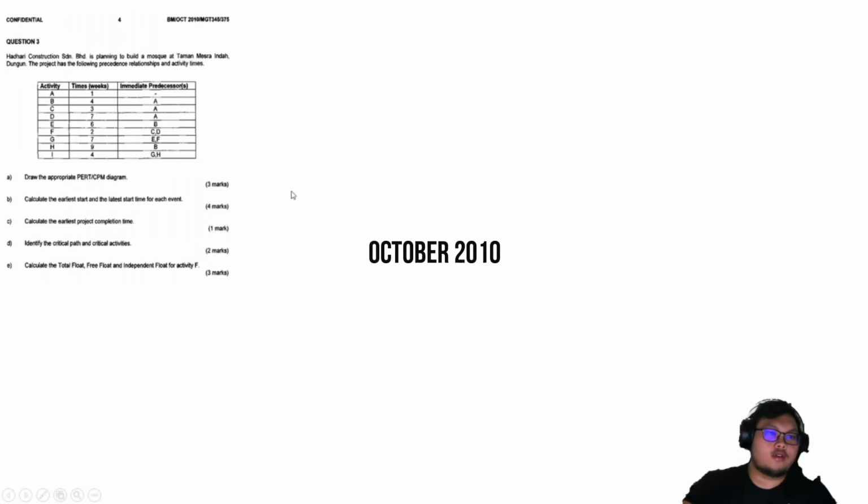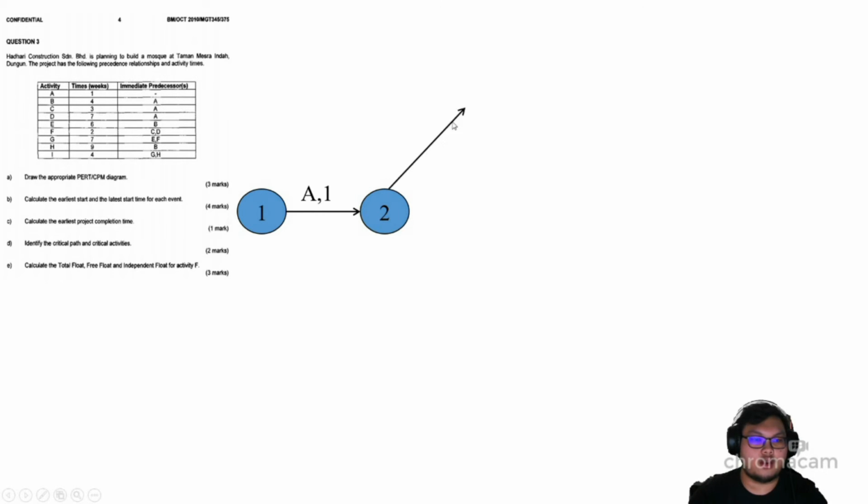And now for October 2010, draw the appropriate PERT or CPM diagram. We can see here activity A, no predecessor, so we put event 1 here and we put A here. Line A, this is A. Okay, now activity B, so we put event 2 here and then we draw a line, we put B 4.